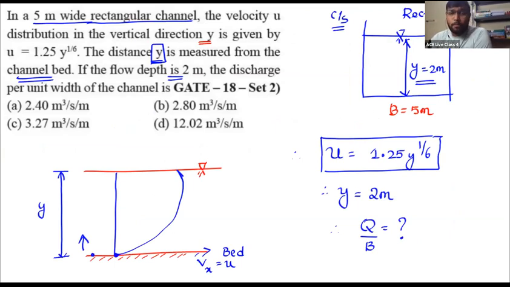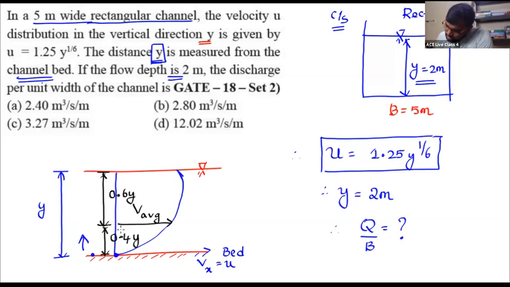So what is a 1-point observation? The 1-point observation is that the velocity is going to be the average at a depth of 0.6 y from the free water surface, or at a depth of 0.4 y from the bed level.